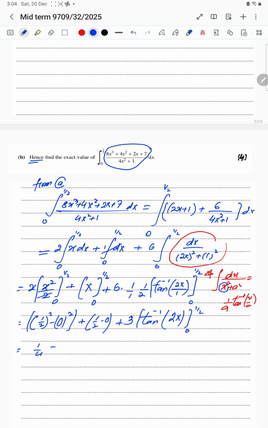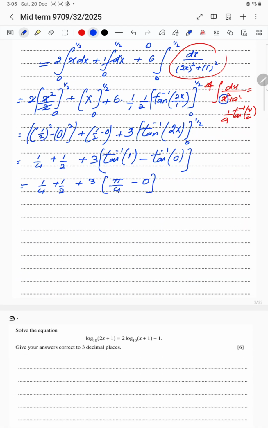It is 1 by 4 plus 1 by 2 plus 3 times tan inverse of 2 into 1 by 2, which is 1, minus lower limit tan inverse of 0. So it is 1 by 4 plus 1 by 2 plus 3 times tan inverse of 1, which is pi by 4, and tan inverse of 0 is 0.